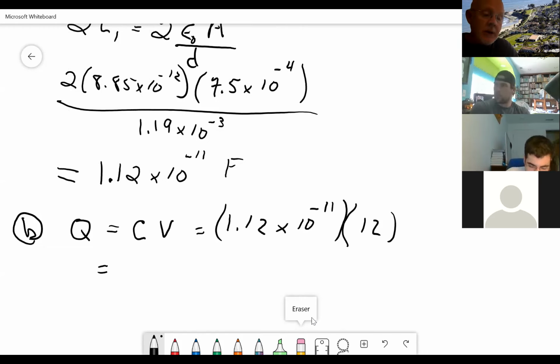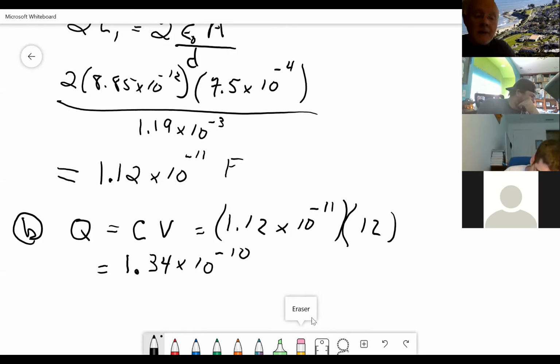And so this would be the 1.34 times 10 to the negative 10th coulombs. And again, notice I used the total capacitance because that's going to be the total charge on P2. P2 has both of them involved.